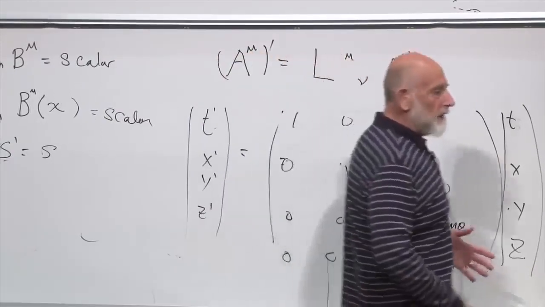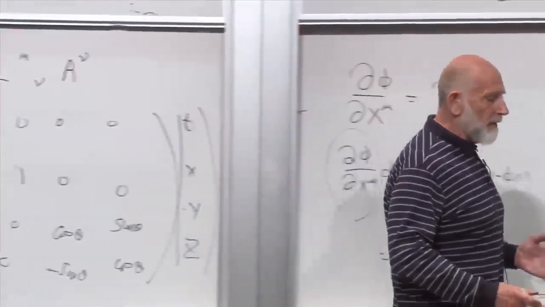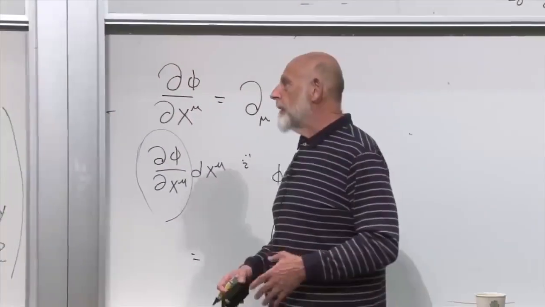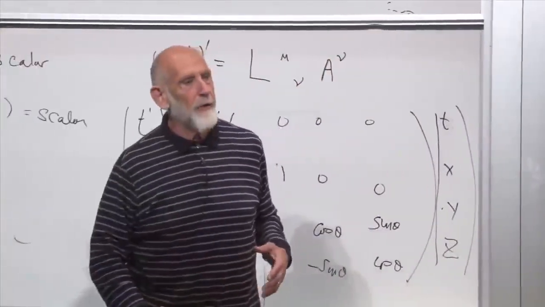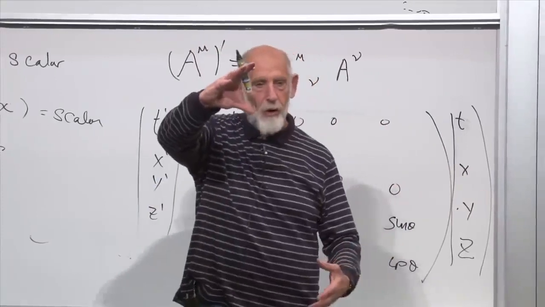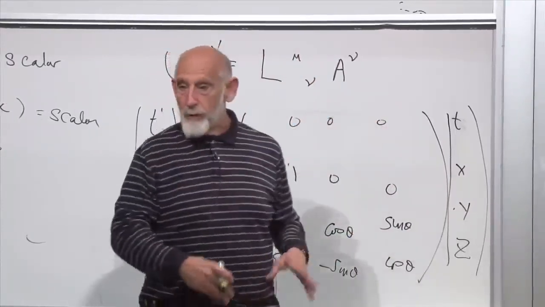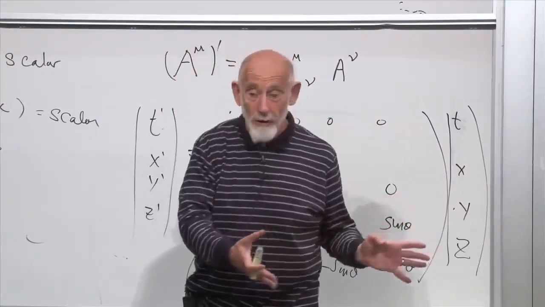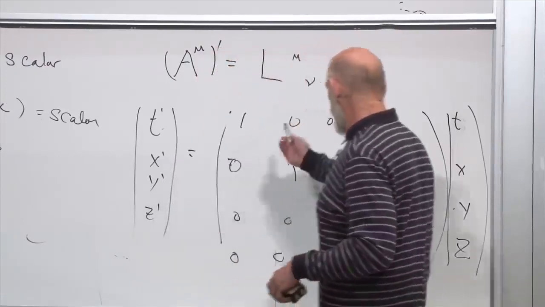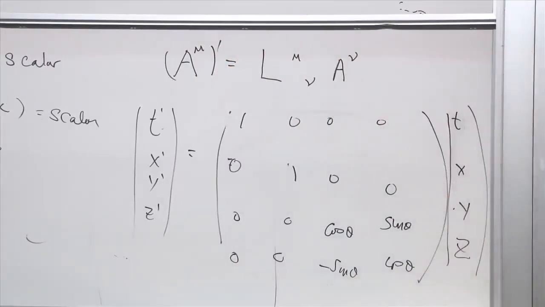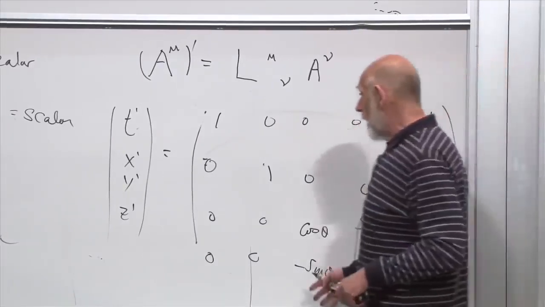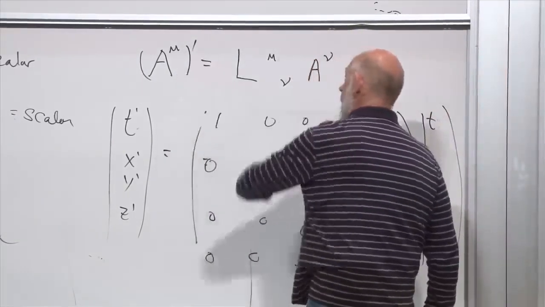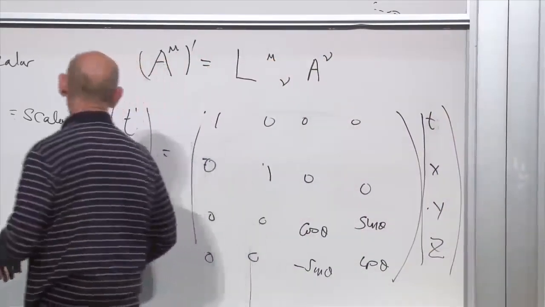All right, now you can take these matrices and start multiplying them and combining them to make much more complicated transformations, which, for example, are partly rotations along some axis, partly Lorentz transformations along some other axis. But this is the basic starting point, and a formula like this.